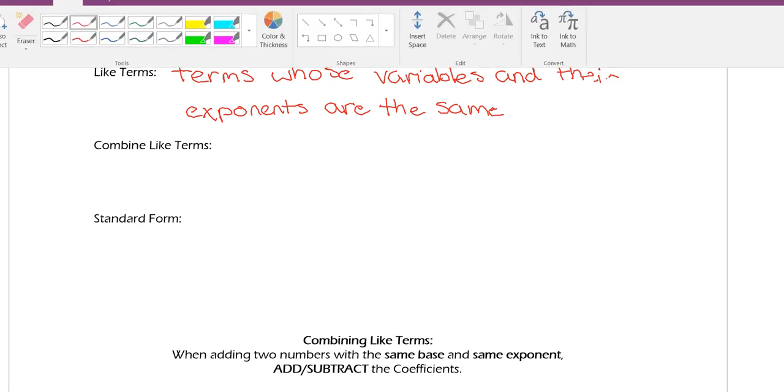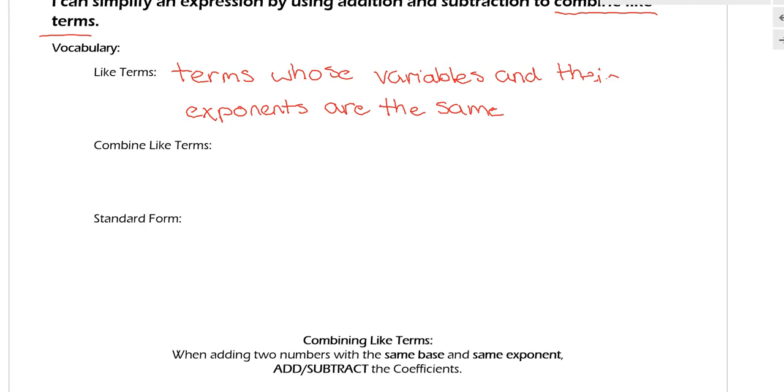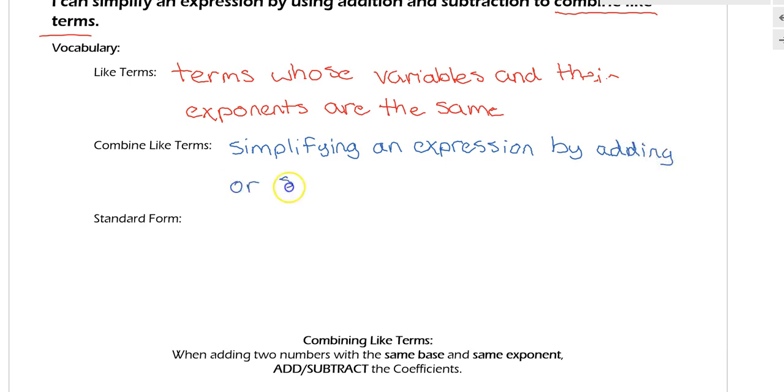So then what does it mean to combine like terms? Combining like terms is simply simplifying an expression by adding or subtracting those like terms.